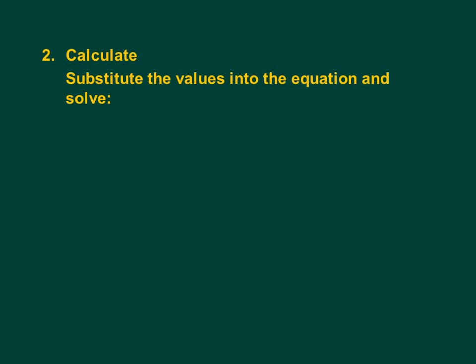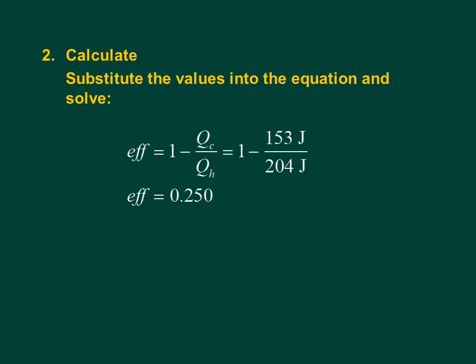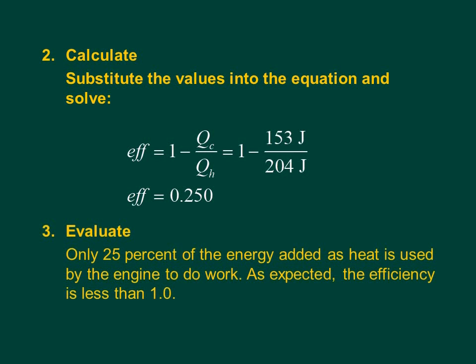To calculate, substitute in the equation. Efficiency equals 1 minus QC over QH, equals 1 minus 153 joules over 204 joules. Calculating, the efficiency equals 0.25, and this efficiency equals 25%.